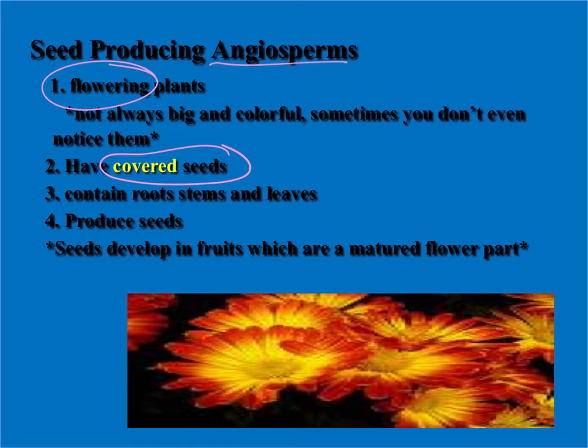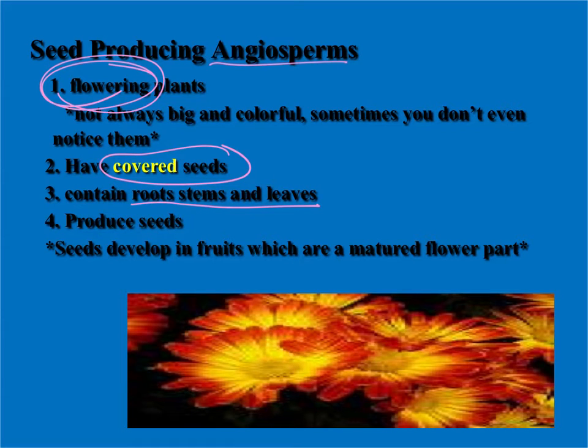Now, angiosperms are the only division of plant that has all four organs of the plant: the root, stem, leaf, and the flower. They produce seeds inside of the flower. Those seeds can develop into fruit, though not always.